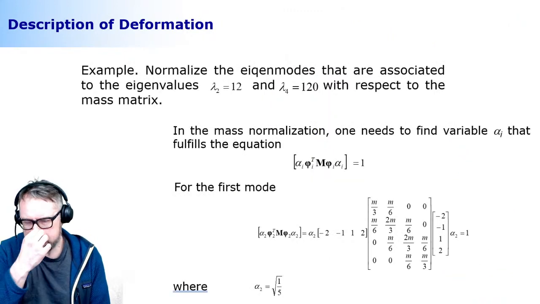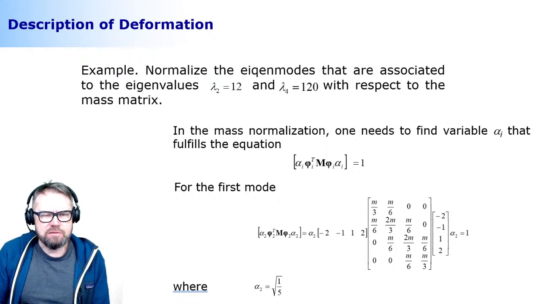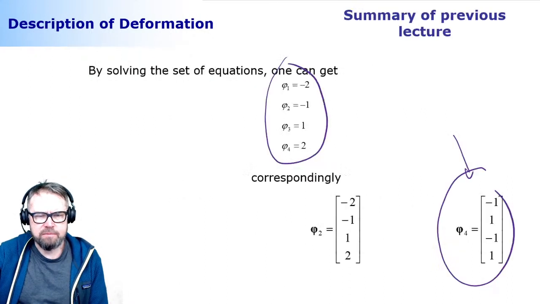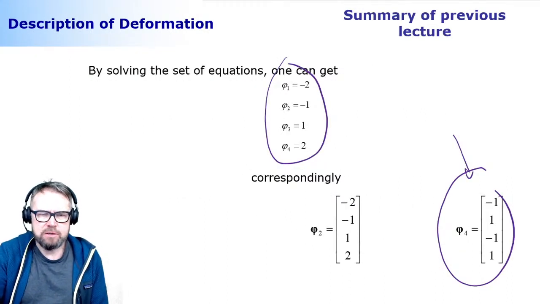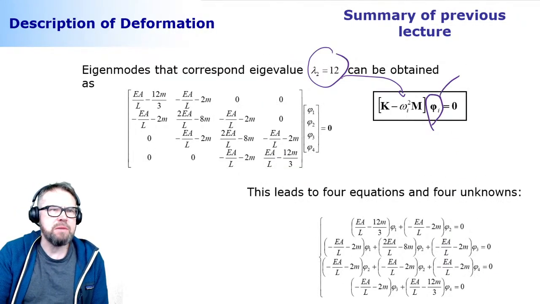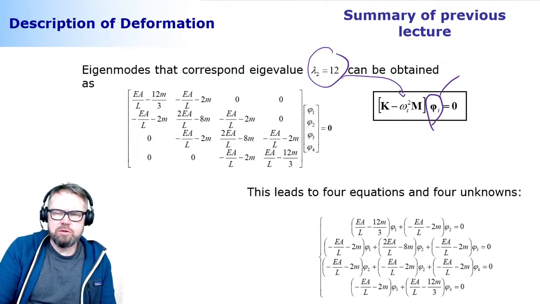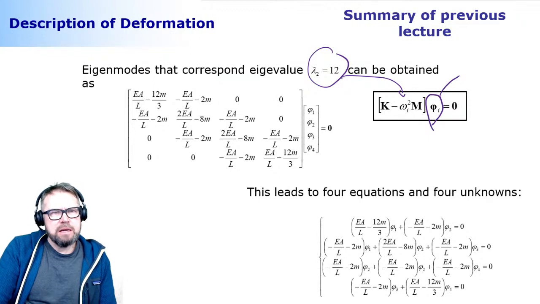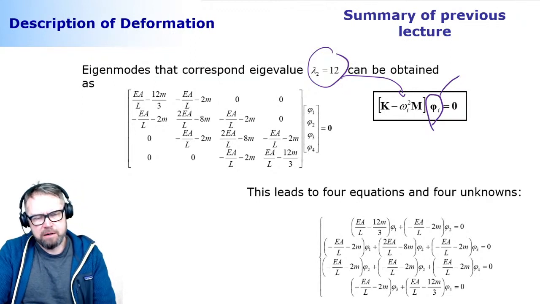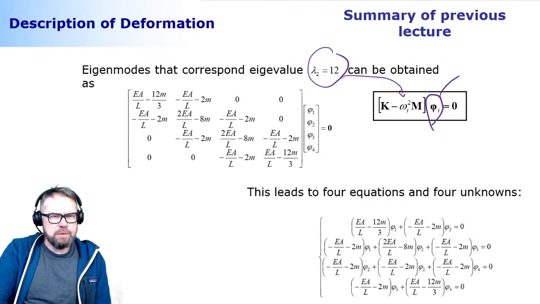Something we did not discuss a week ago was mass normalization. It comes from the fact that these solutions, these vectors, can be multiplied by any number you want. And sometimes it makes sense to multiply this vector by a number to do the scaling. In a computer simulation, the numbers that are most pleasant are the ones close to 1.